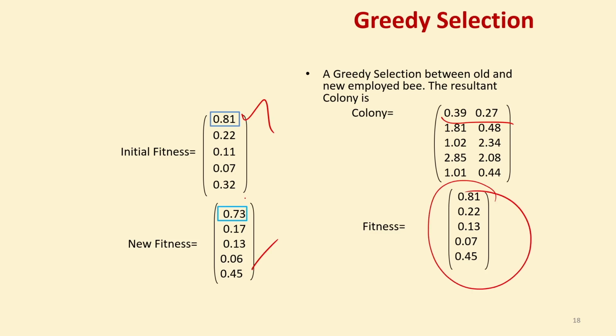So wherever greedy selection applies, we have taken that, the greedy between the old and new. So this is the resultant colony. This resultant colony will now be transferred to the onlooker bee, after comparing every element, each and every one compared. So the blue or tick one is the one having the maximum, and the red one is the one having the minimum, right.